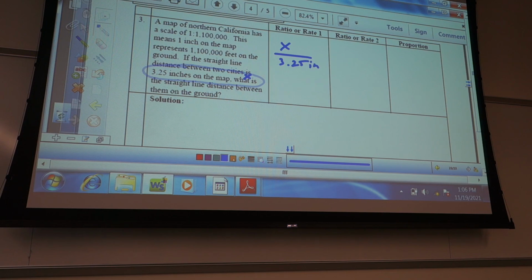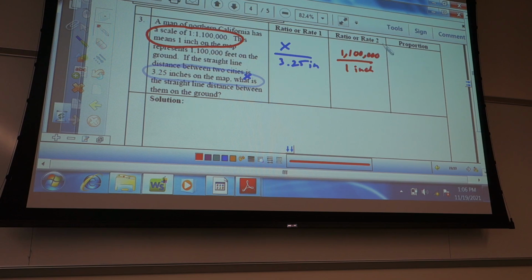Then I have my second one, which has to have 1 inch on the bottom also. So I have 1,100,000 with 1 inch. 1 inch has to be on the bottom because I have inches on the bottom over here. 1 inch goes with this many feet, is it?